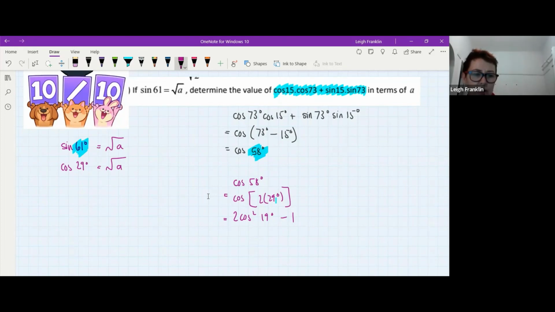Now we can sub in: 2, and then the cos of 29 is root a, so we want root a squared, minus 1. That leaves us with 2a minus 1. There we go. So we have worked out the value of cos 58 in terms of a.